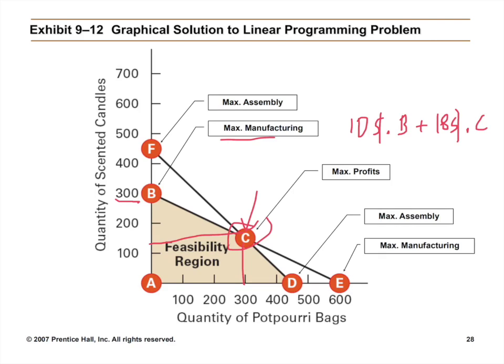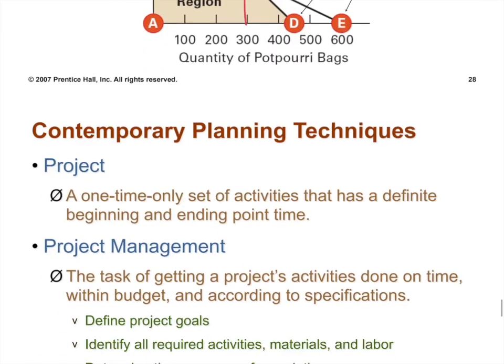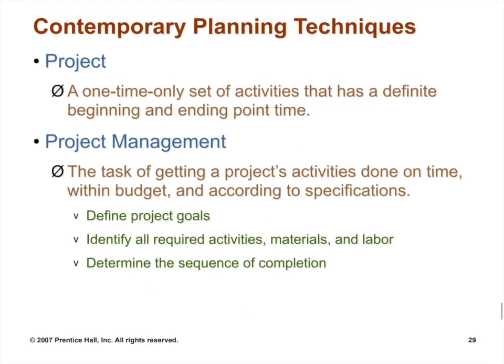So this point is the maximum. You can prove it, calculate by yourself. Maybe this is the task for this week, to prove that C is the maximum profit. Okay, thank you for your attention.